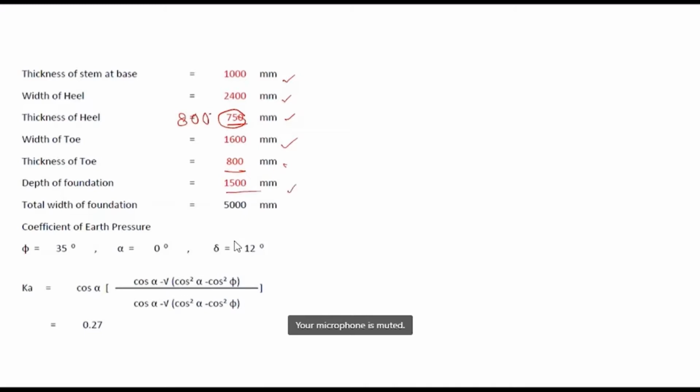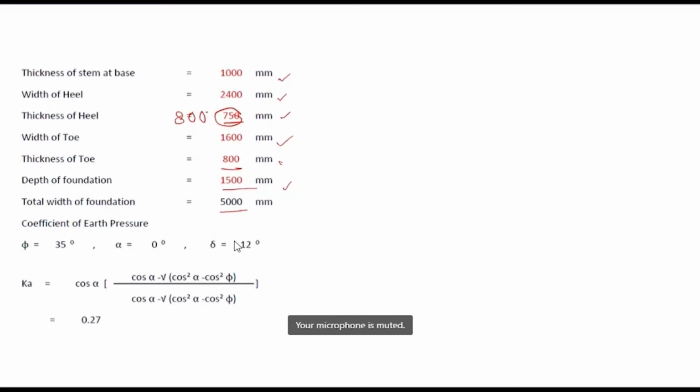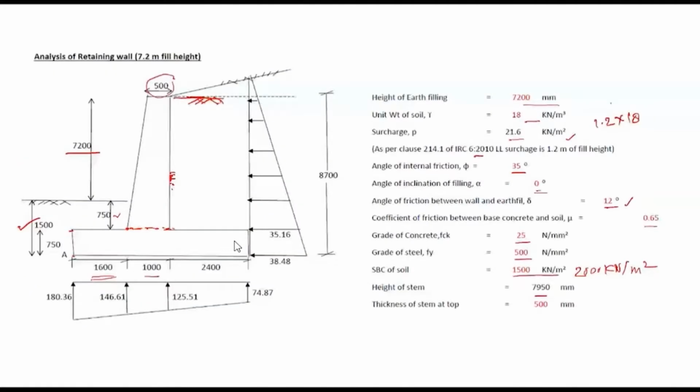Depth of foundation we have taken 1500, and total width of foundation will be equal to 5000 mm. That will be this 1600 plus 1000, the thickness of stem here, plus 2400, the width of heel. This 2400 width of heel is taken slightly more than this width of toe.